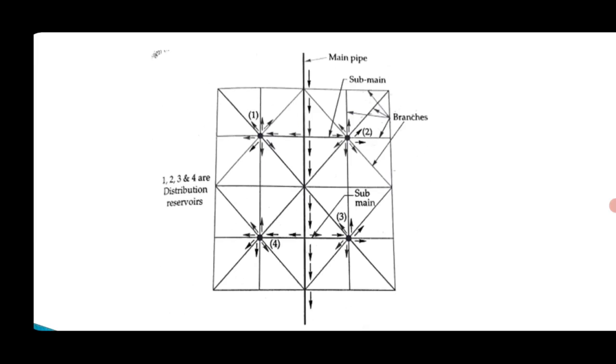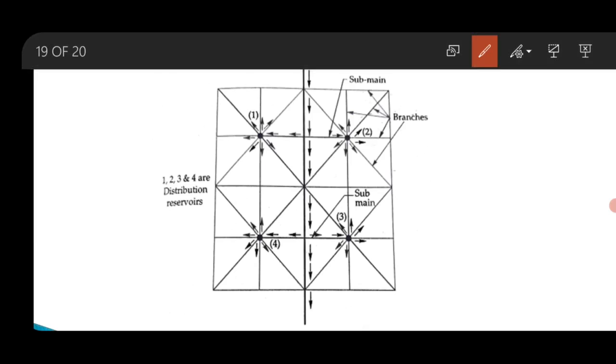See here, this one is the main pipeline. In this system, water is taken out from the water main, and pumped into the distribution reservoirs placed at different centers.